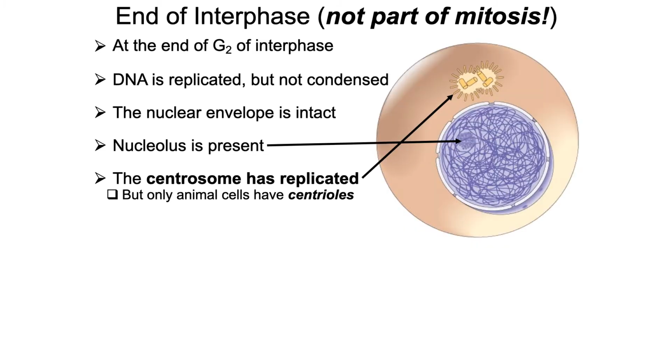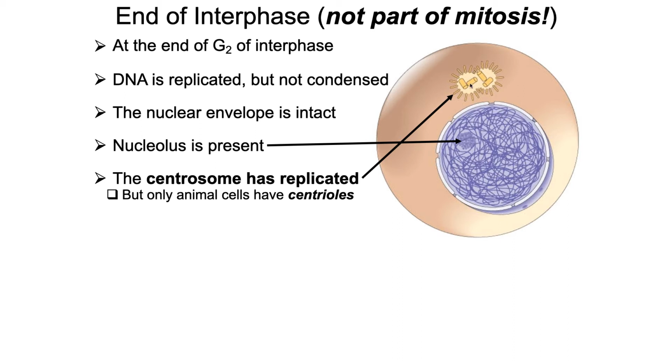Now, interphase is not part of the mitotic phase. Interphase is one of the 2 phases of the cell cycle. But we're going to start here anyway. And remember, a cell is in interphase 99.999% of the time. It's only when that cell is going to divide that it goes through the mitotic phase of the cell cycle.